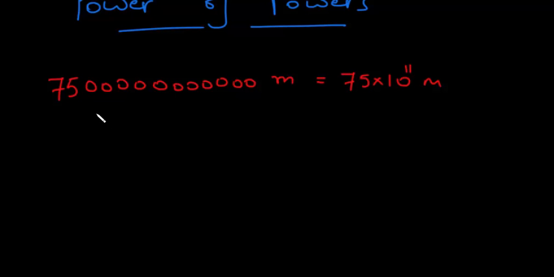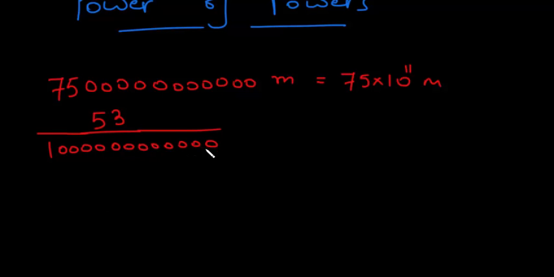And similarly, the radius of hydrogen, which is 53 divided by 1 followed by 12 zeros, meter, as 53 into 10 to the power minus 12 meter. So in this way you can write those big numbers in a much more simple and beautiful manner.